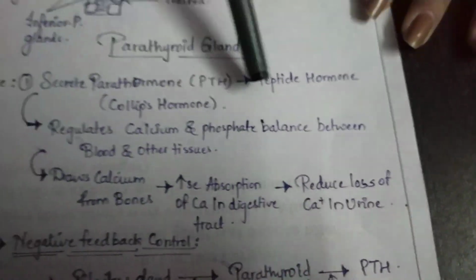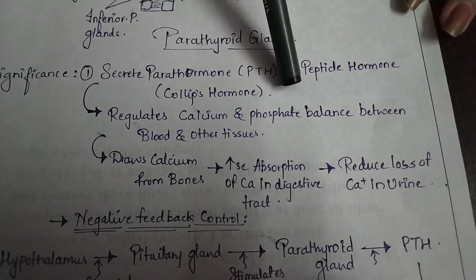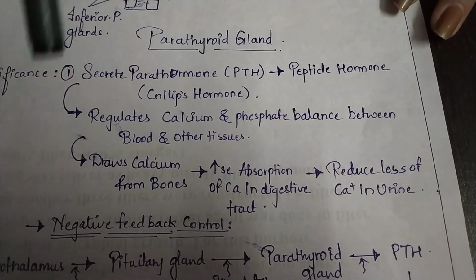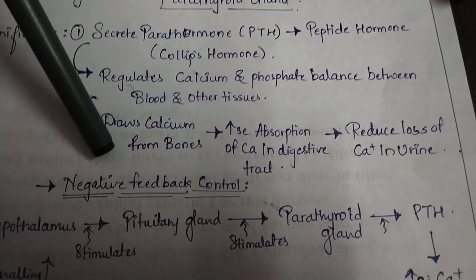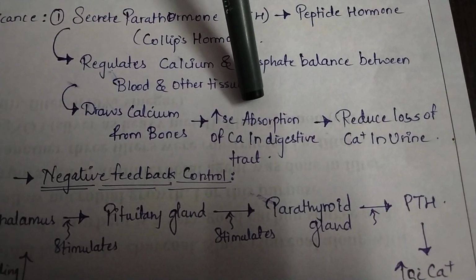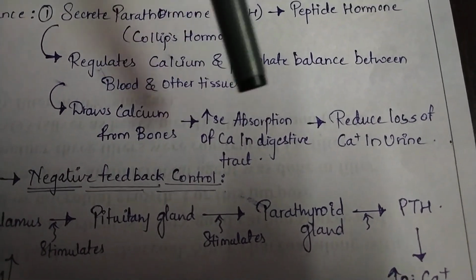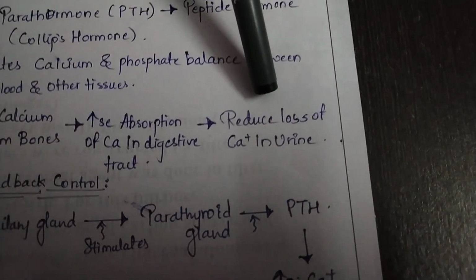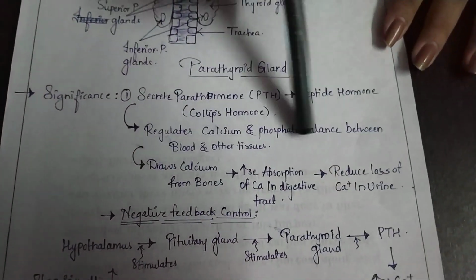So basically, in order to maintain the calcium and phosphate balance, what this particular parathormone does is, it draws the calcium from the bone, thereby increases the absorption of calcium in the digestive tract, and then reduces the loss of calcium in the urine. So in this way the calcium level is maintained.